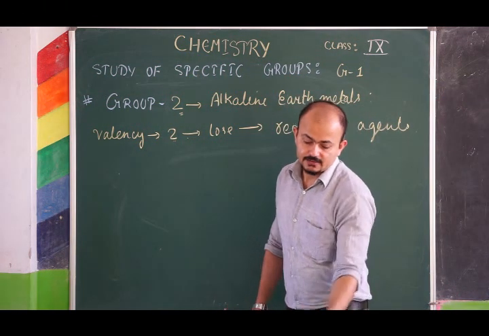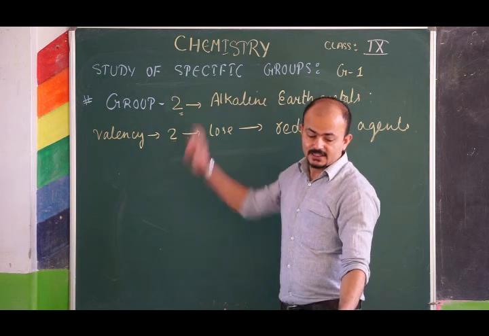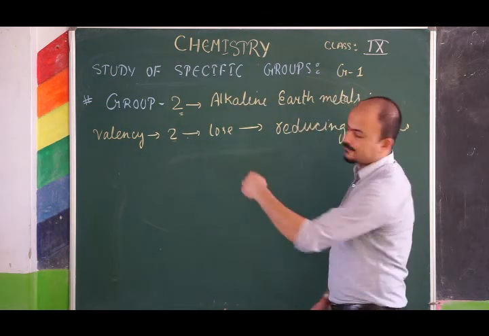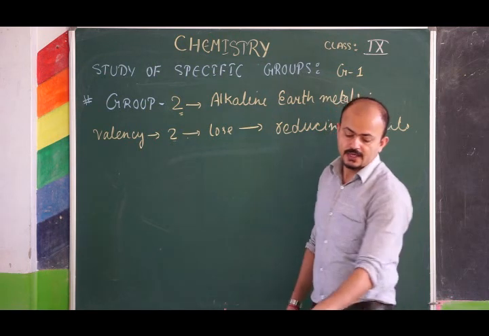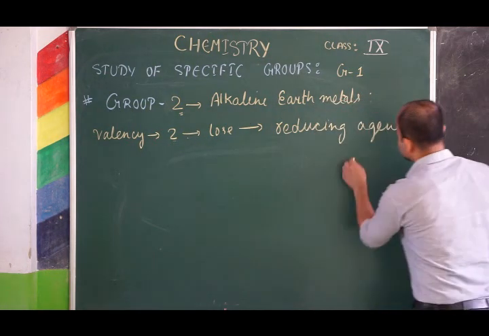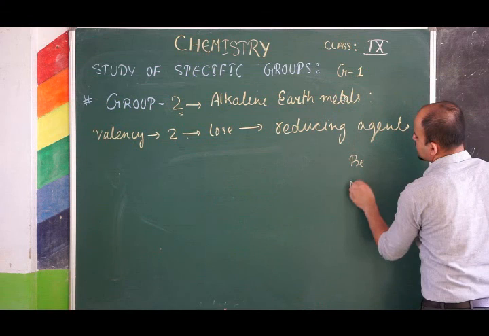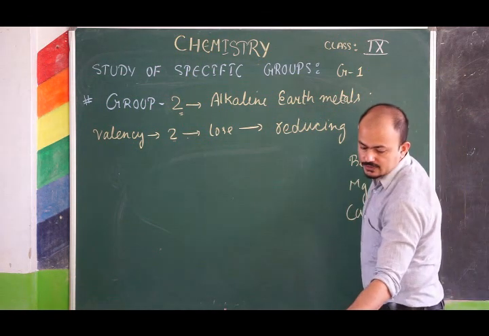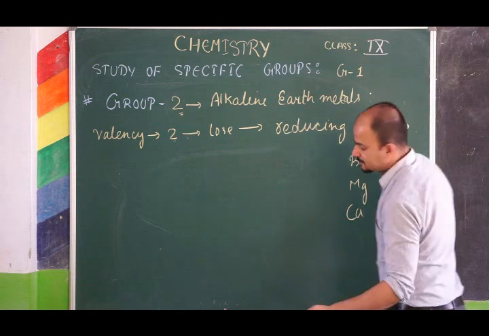Okay, group 2 metals also act as reducing agents. Now, group 2 is the second column of the periodic table from the extreme left, and in group 2 you have beryllium, magnesium, calcium, then comes strontium, barium and radium.